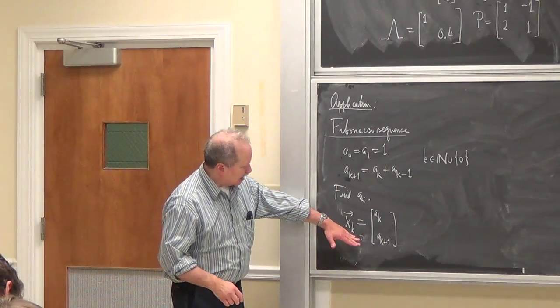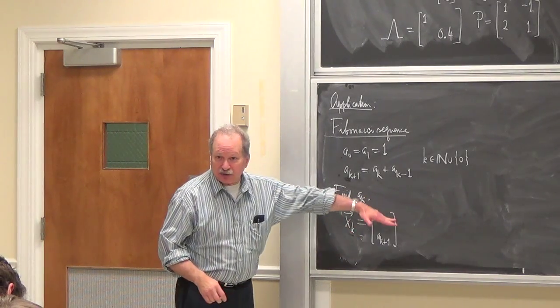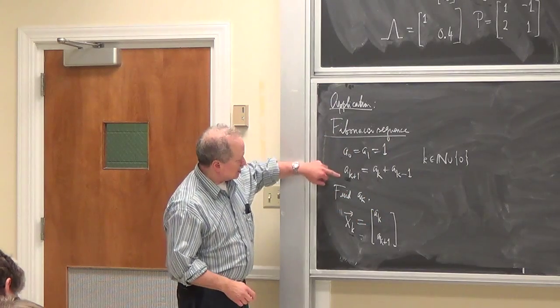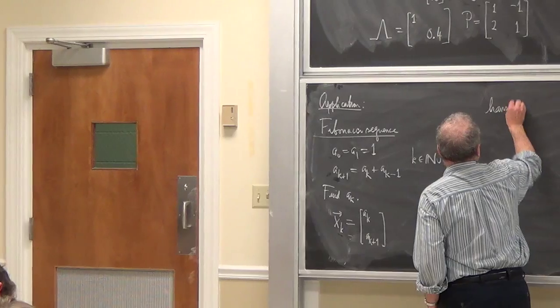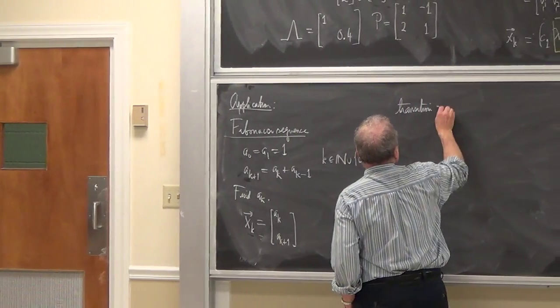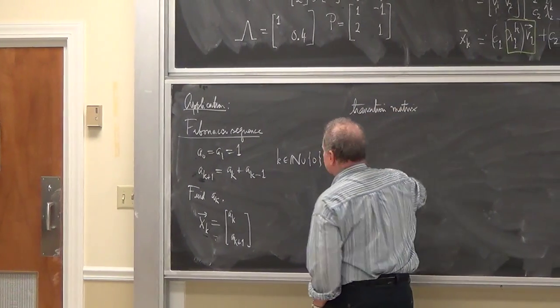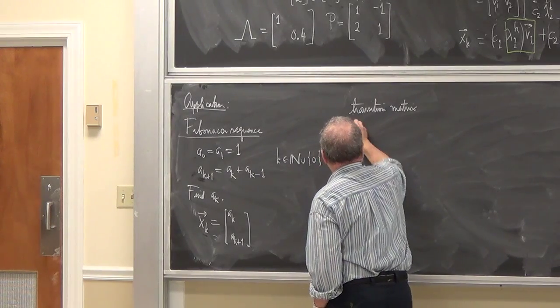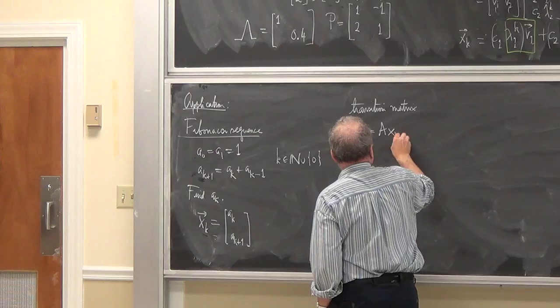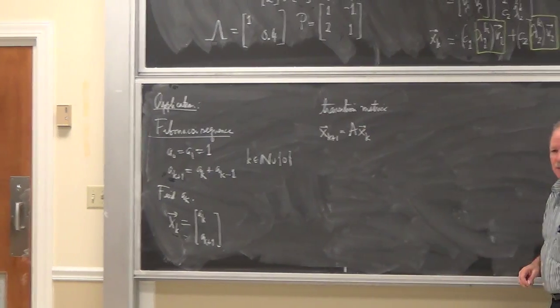And then I can now get from xk to xk plus 1 by using this formula. So again, we have a transition matrix which says, how do you get from xk to xk plus 1?